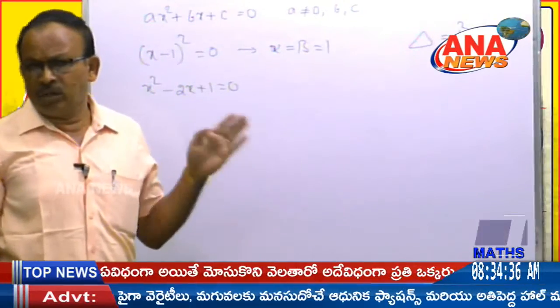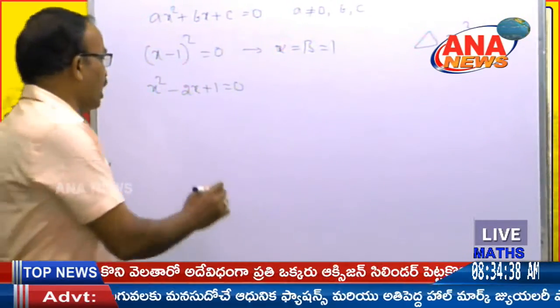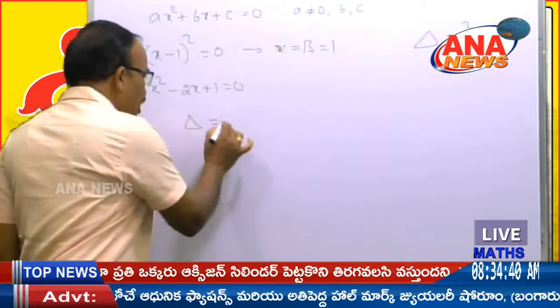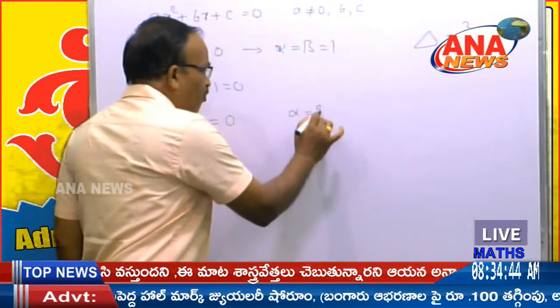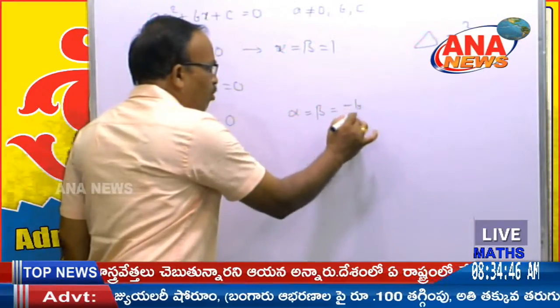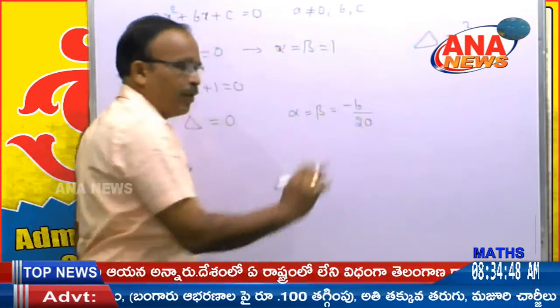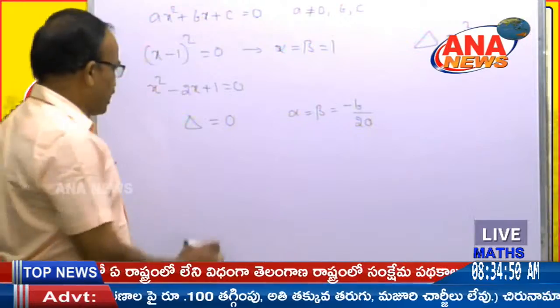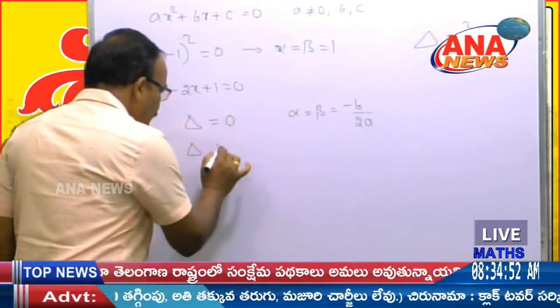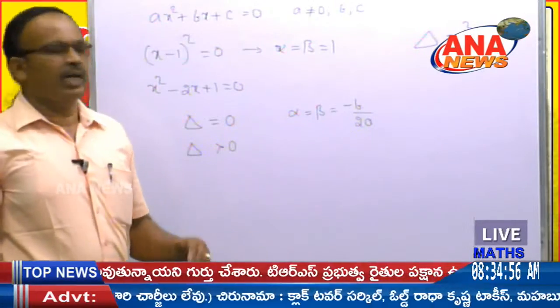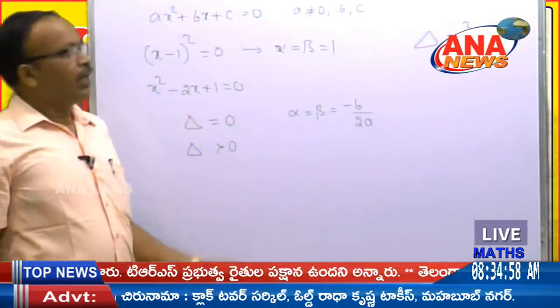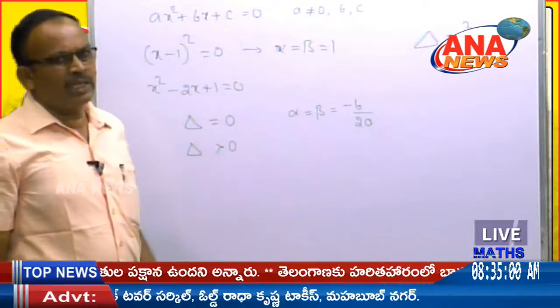If delta is 0, already you know this, the roots are equal, alpha = beta = −b/2a. Next, if delta is not equal to 0, it is either positive or negative. If positive, we have the root of b² − 4ac.